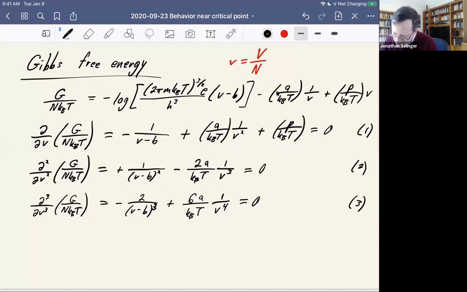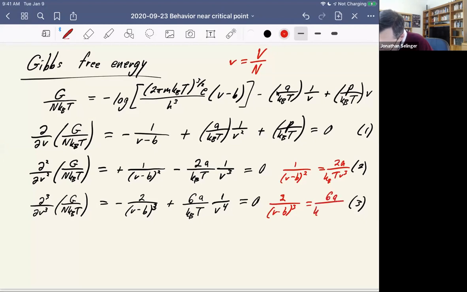Okay. Equation 2 says that 1 over v minus b squared is 2a over kt v cubed. And this says that 2 over v minus b cubed is 6a over kt v to the fourth. Okay, so now I will take the ratio, equation 2 divided by equation 3.